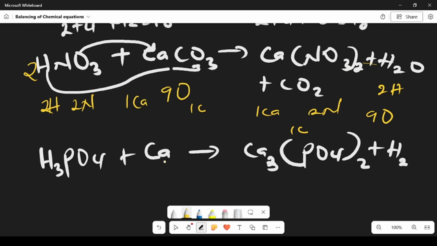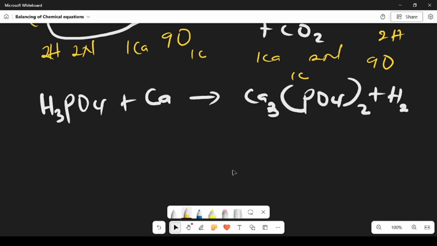So let's balance. This is a bit complex. Yes. So you have to listen very attentively. You have H3 here, but here you have H2. So that is not good for us. You have Ca3 here, but here you have 1. So I will start with this.